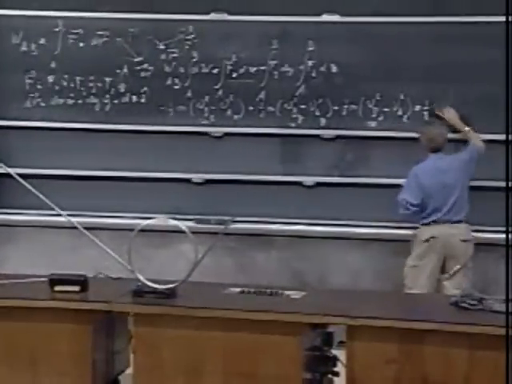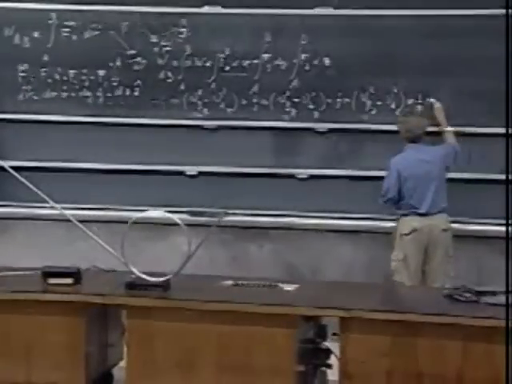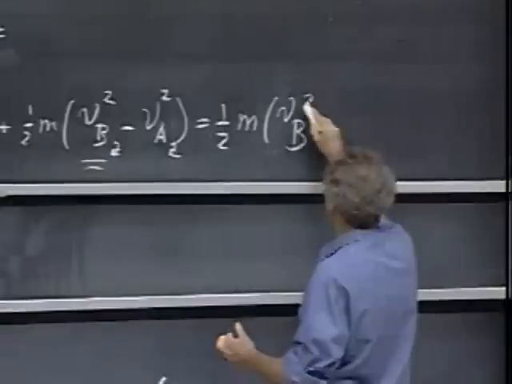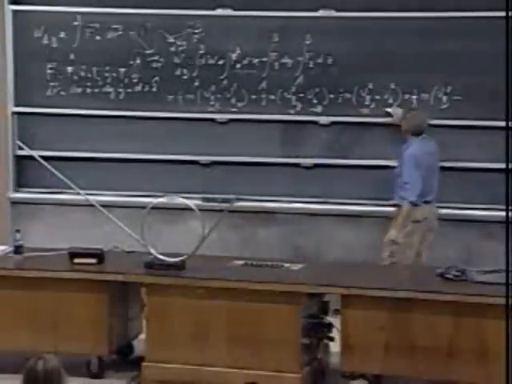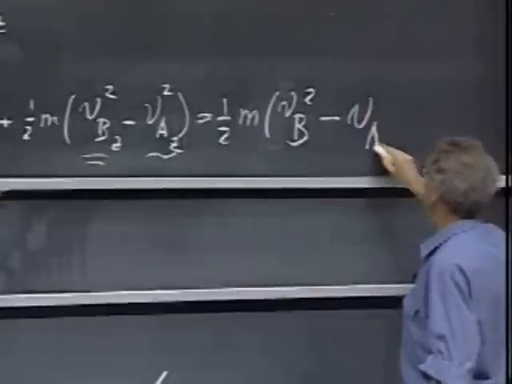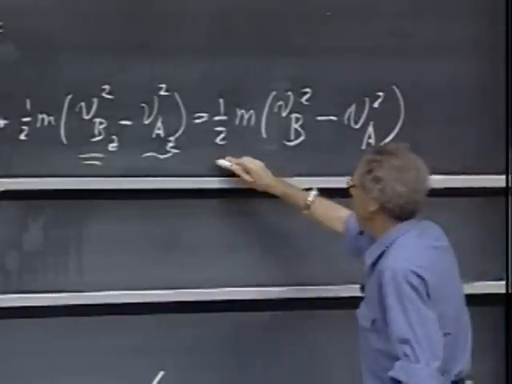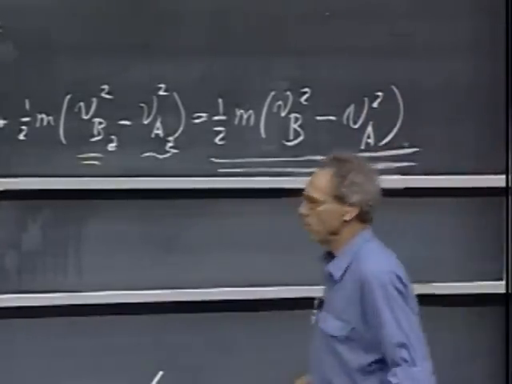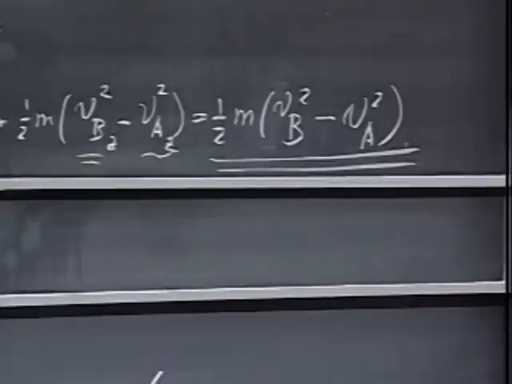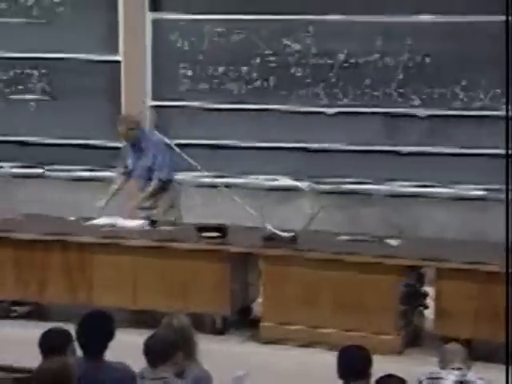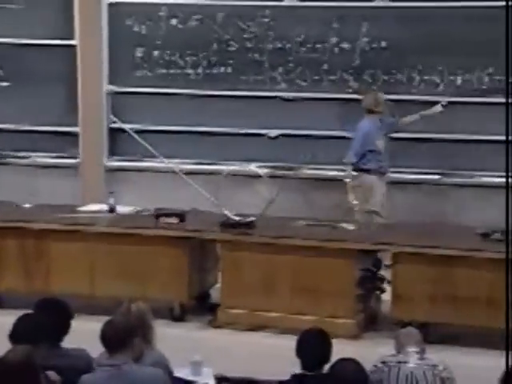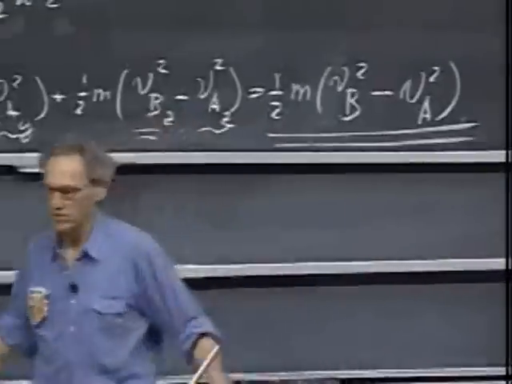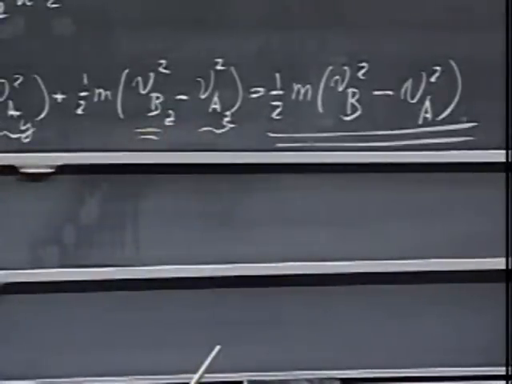Let me put my m in there. 1/2 m times vb squared, and here you see ax squared, ay squared, az squared minus va squared, and you get exactly the same result that you had before, namely that the work done is the difference in kinetic energy. You can always think of these as speeds. Velocity squared is the speed. It's the magnitude squared of the velocity.